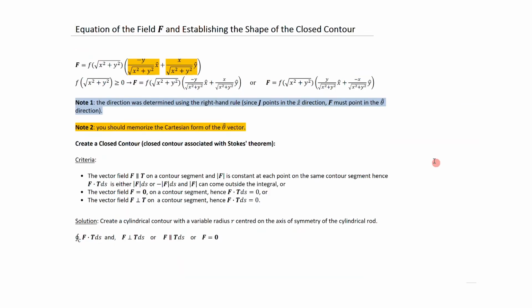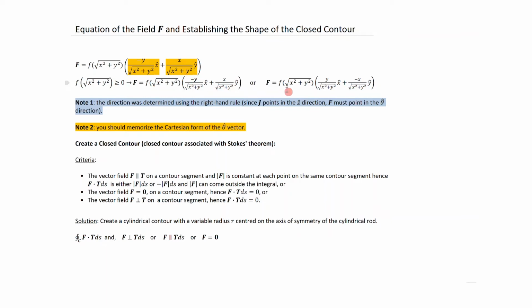All right, so based on that information, we can write that the field has this particular form. This is a unit vector, and this basically represents that it's dependent on the radial distance from the axis of symmetry. And so there are two different options that can exist. One is if this magnitude is greater than or equal to 0, then this will be just the magnitude times theta hat.